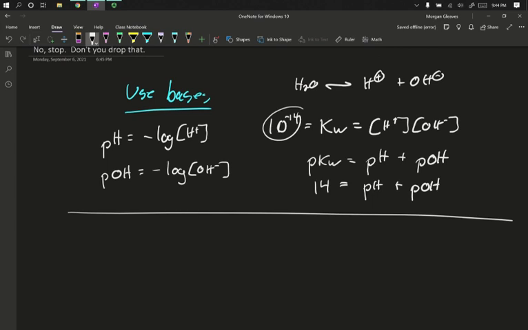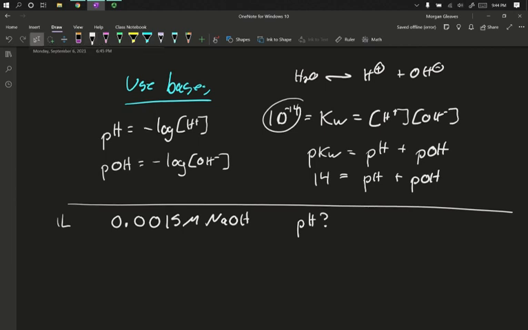This is particularly useful if you were to make a 0.0015 molar sodium hydroxide solution. If we have a solution with excess hydroxide added, we still might want to know the pH of it. Granted, it's easiest to calculate the hydroxide concentration, but we can always relate that to the amount of H plus.